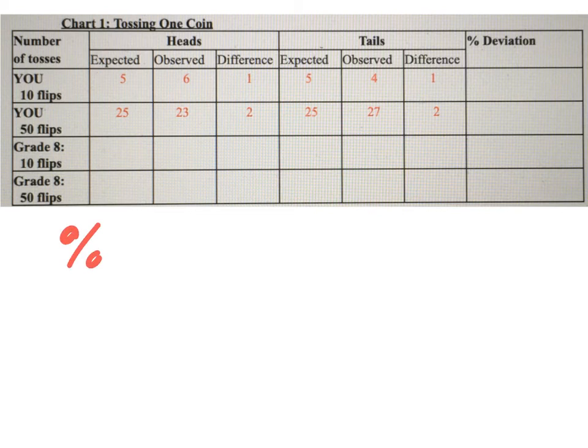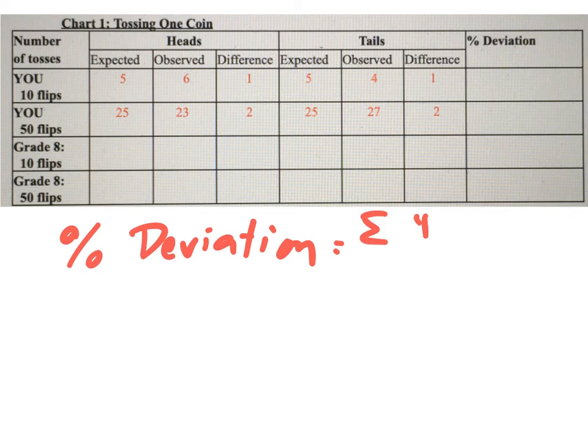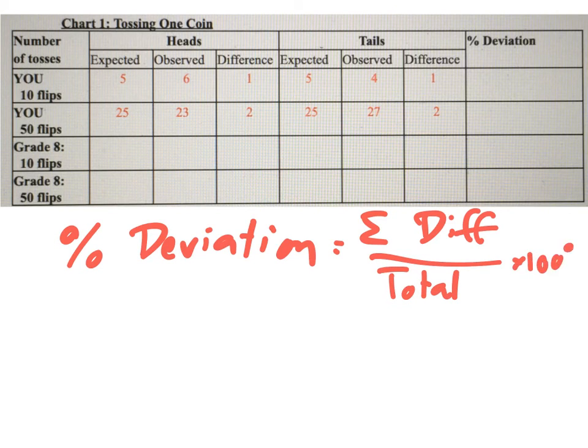The percent deviation is equal to the sum of the differences divided by the total times 100%. When you look at the differences, we have 1 and 1.